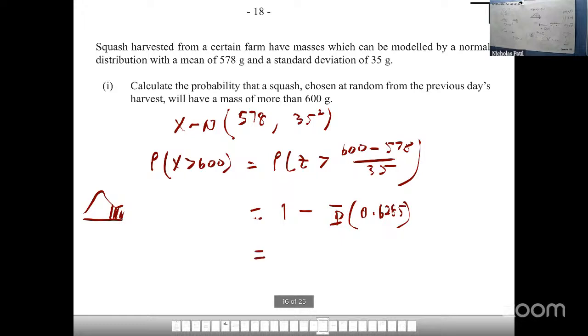What did you all get? I see different probabilities there. It should be something small. 0.2647. Yeah. Anybody else get that?